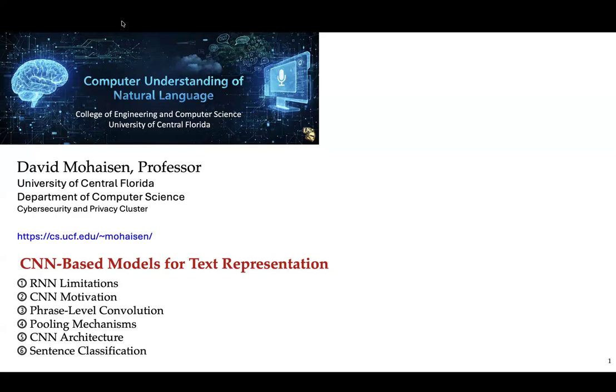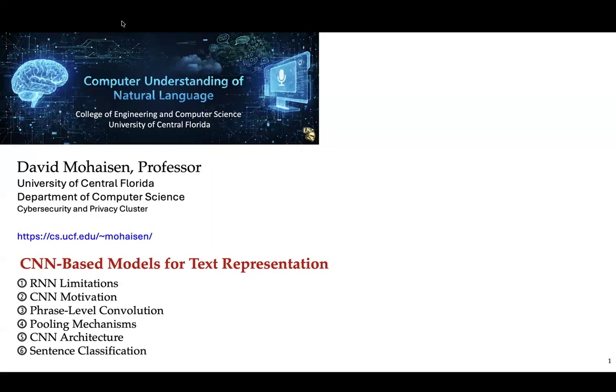But then why do we have them here? As I said earlier, we want to have some feature representation, but there are also some issues in RNN that make CNN particularly nice. So we'll talk about the limitations of RNN, CNN motivation, phrase level convolutions, and technical details of how CNN works for our domain, with some concrete examples. We'll talk about CNN architecture, and then the actual application that we care about in NLP, which is sentiment analysis and text classification.